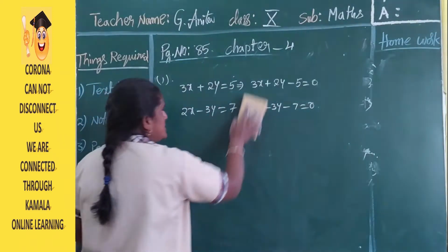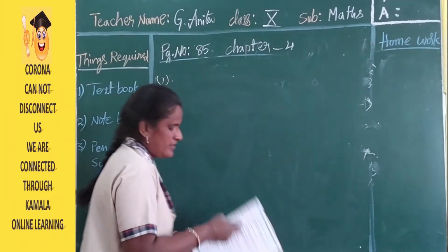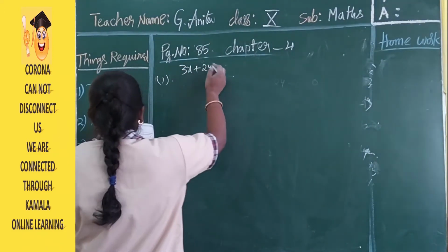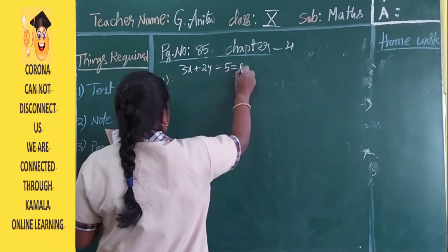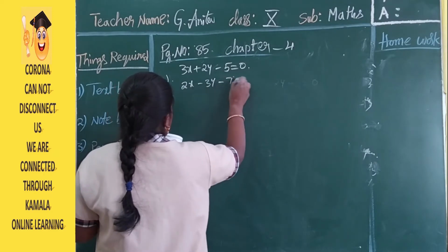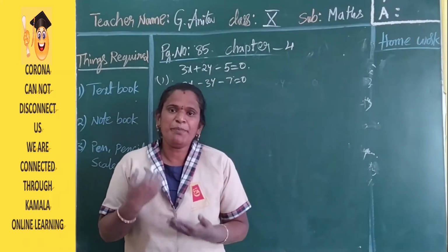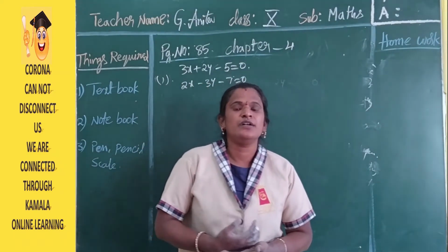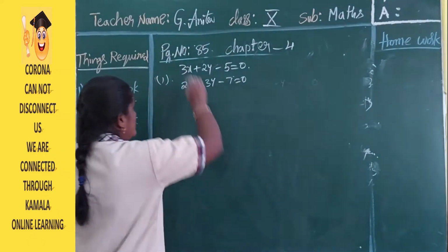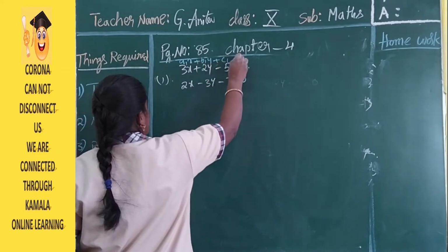So in this we are going to start the graphical method. 3x plus 2y minus 5 is equal to 0. Next, 2x minus 3y minus 7 is equal to 0. Okay. So first observe whether the given pair of linear equations is consistent or not. Observe that these values are compared with a1x plus b1y plus c1 equal to 0.